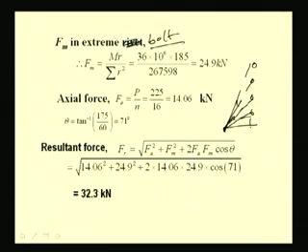We know that for this type of connection, Fm varies with R, that means the more the distance, the more Fm will be, because if we see the equation, Fm is equal to M r by summation R square.